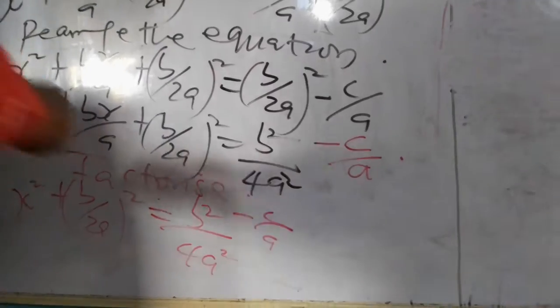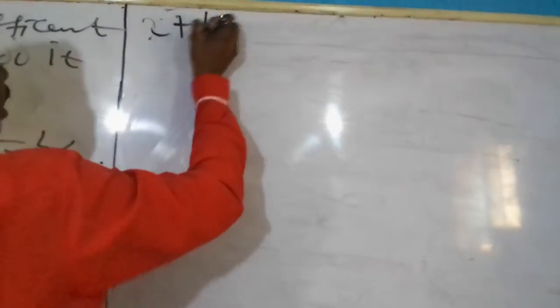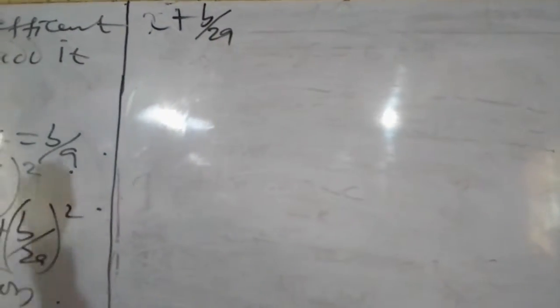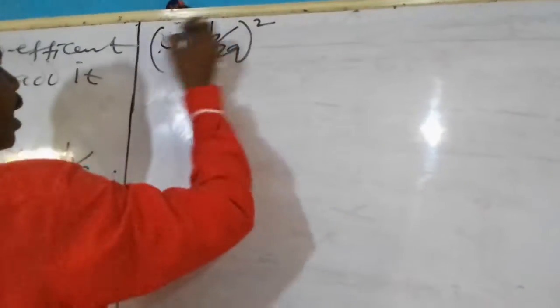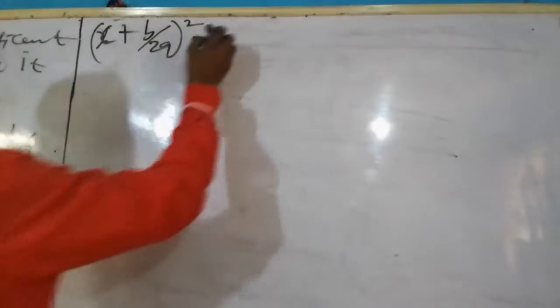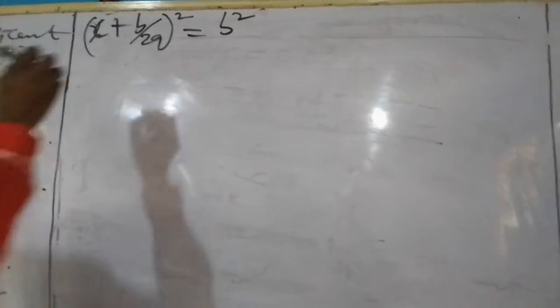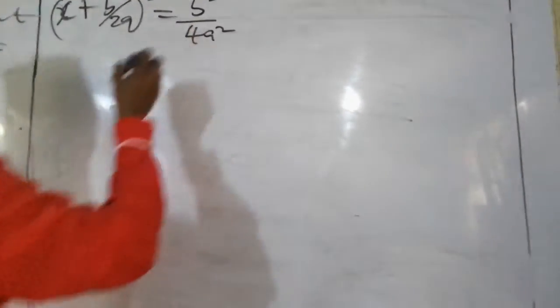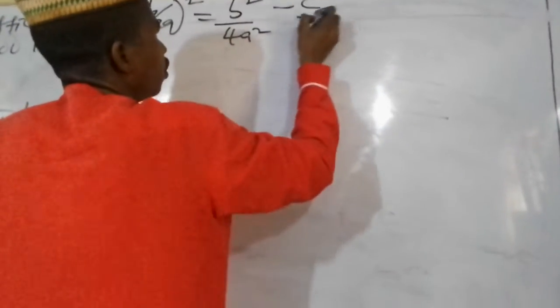After having this, we can express it as x plus b all over 2a, everything in bracket squared, equals b squared all over 4a squared, minus c all over a.